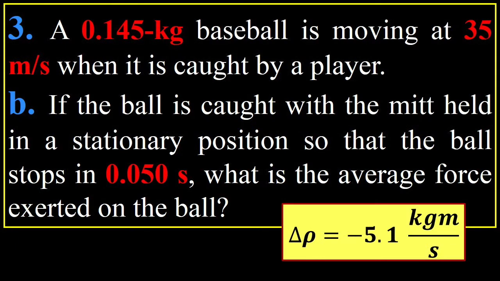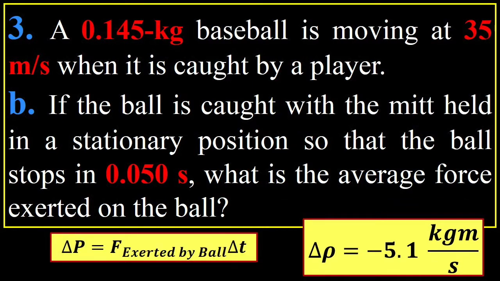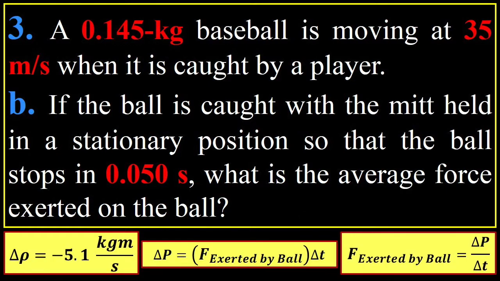The ball is going to exert a negative force, and the glove will exert a positive force. So we start with the change in momentum, which is negative, and that's going to equal the force times the impact time, and that will be 0.05.